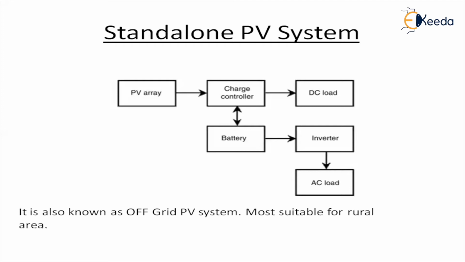In flooded situations also, when grid supply is not available, you use a small standalone system for charging the battery. These are all examples of the standalone system where only one supply is there, that is from the PV, and backup is required, which is given by the battery.